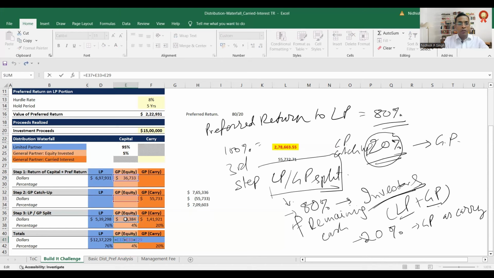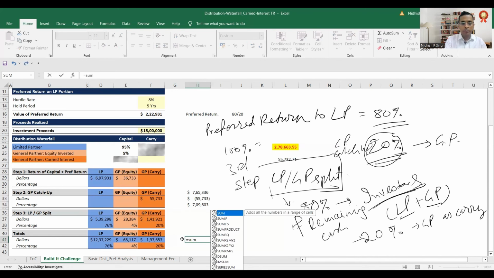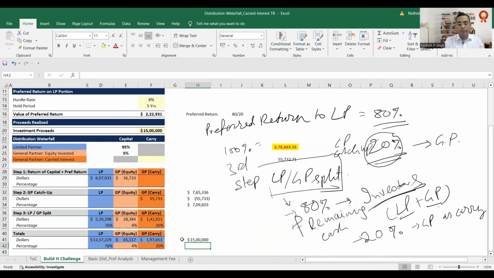All the 3 cells are distribution to GP, added here, and then the carry distributed to GP so far is also added. So what is the total? Let's do just a final check. 1,500,000, which is matching with this amount.